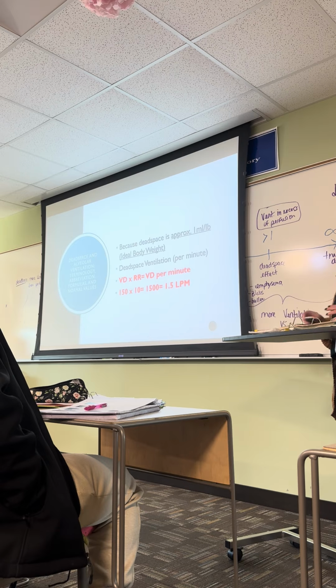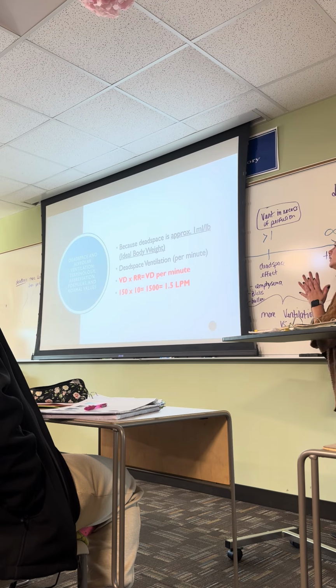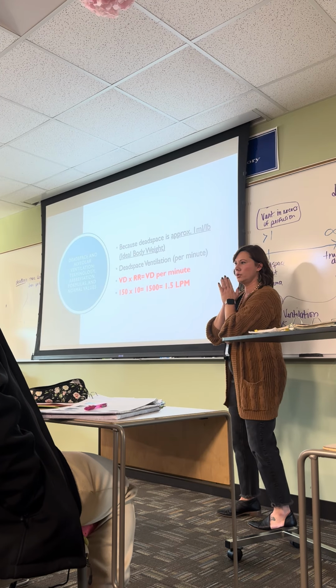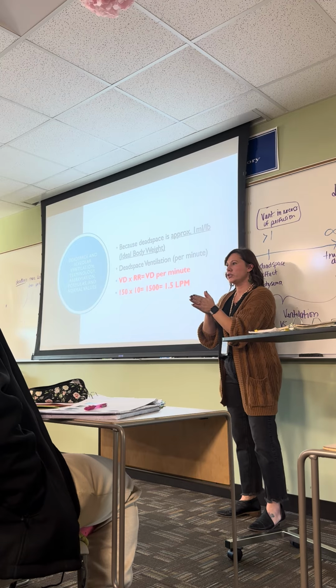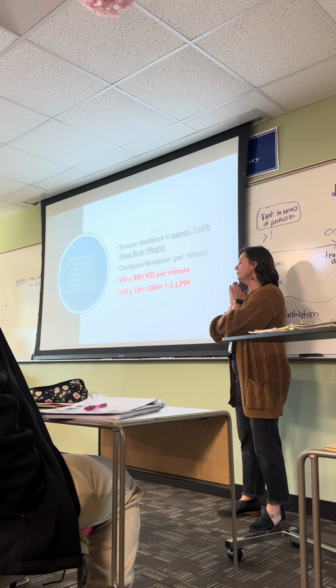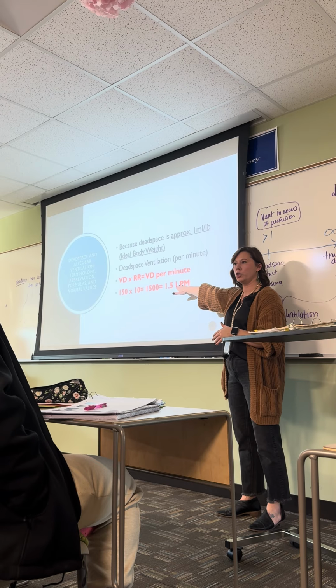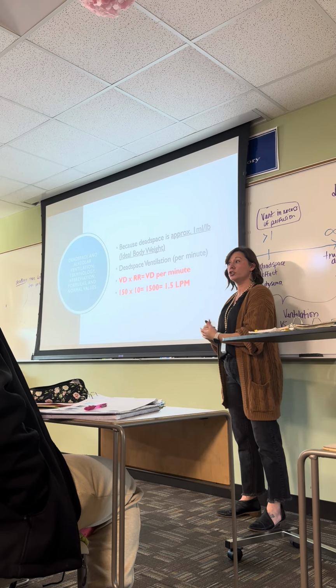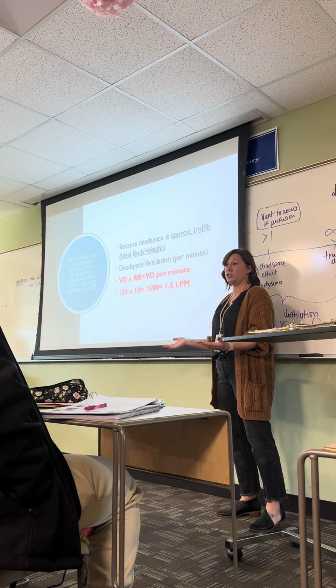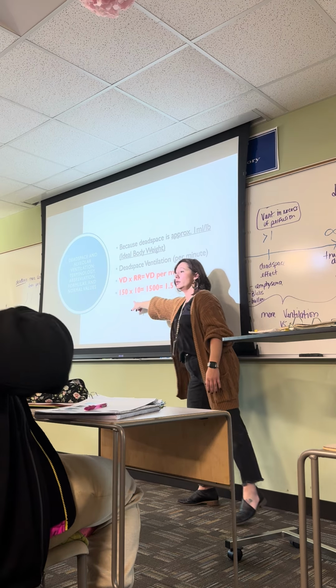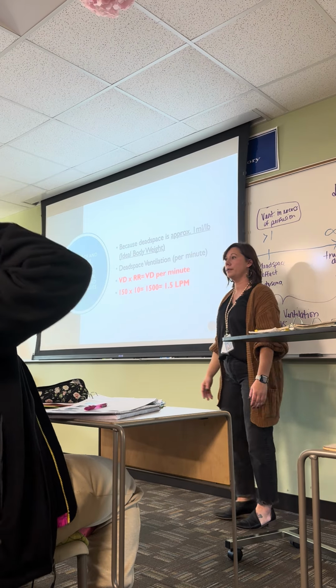This is to identify the wasted ventilation per minute. If I ask you to do dead space ventilation per minute, you're going to multiply it by your respiratory rate. If I'm just telling you to get a patient's dead space, it would have been the 150 mils per breath.